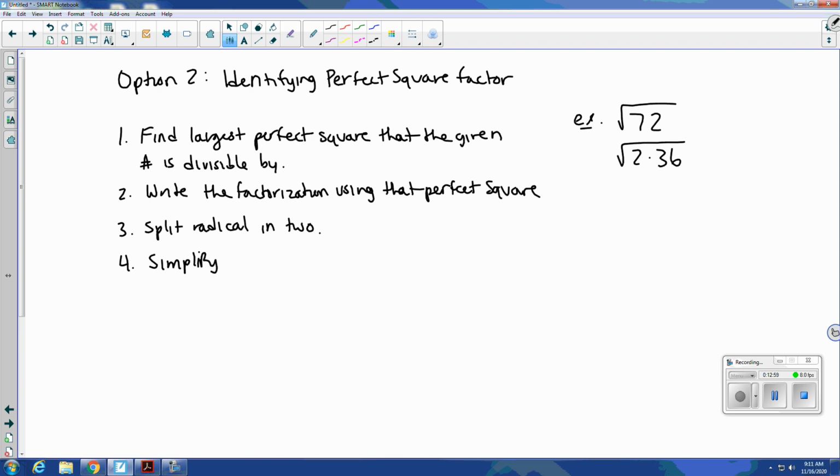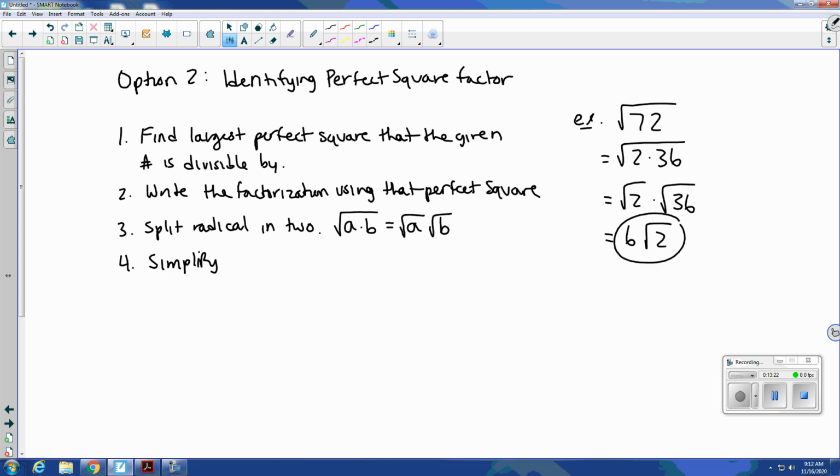So when we say split the radical into 2, you're going to have a times b. You're going to split it into the square root of a times the square root of b. So that's what we mean. So this becomes square root of 2 times square root of 36. And square root of 36 is 6. So we got to the same place.